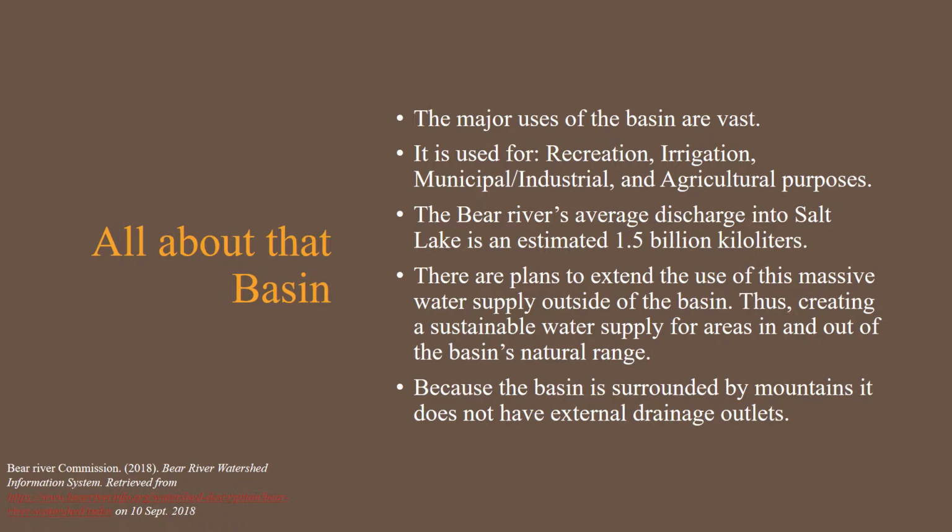Bear River's average discharge into the Great Salt Lake is an estimated 1.5 billion kiloliters, and there are currently plans to extend the use of the massive water supply outside of the basin, and that would create a sustainable water supply for areas in and out of the basin's natural range, since a lot of Utah and everything is more of a desert area because of the rain shadow. Because the basin is surrounded by mountains, it does not have external drainage outlets.